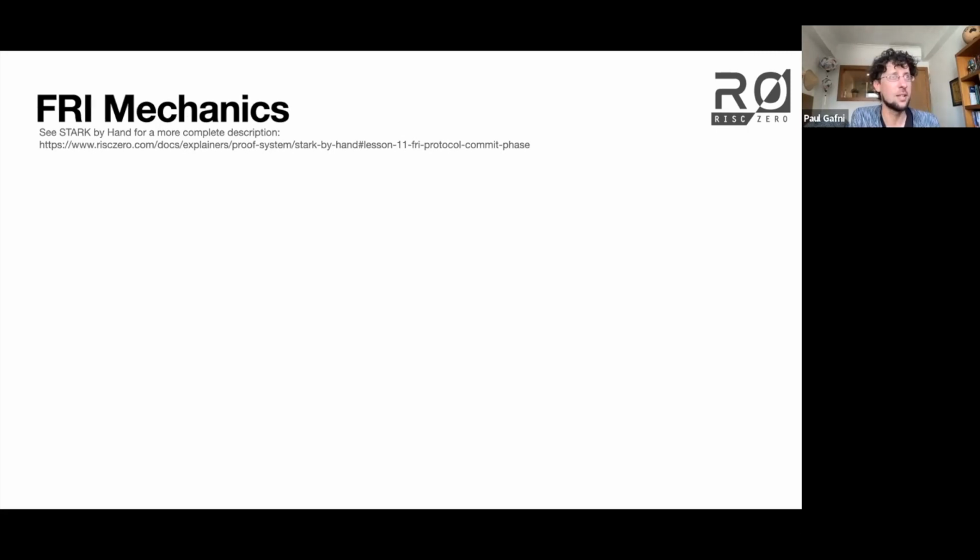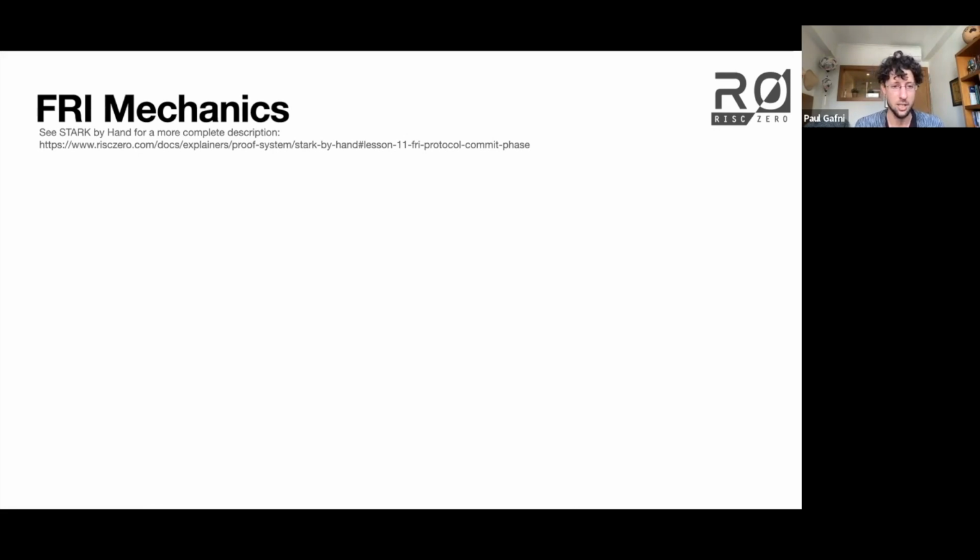as we're diving into the mechanics here, I want to just point out that we have this explainer on the website, which had been called Constructing a Seal, and we've updated the name. It's now called Start by Hand. In this Start by Hand explainer, we have a pretty explicit construction of a simplified version of the RISC Zero protocol.